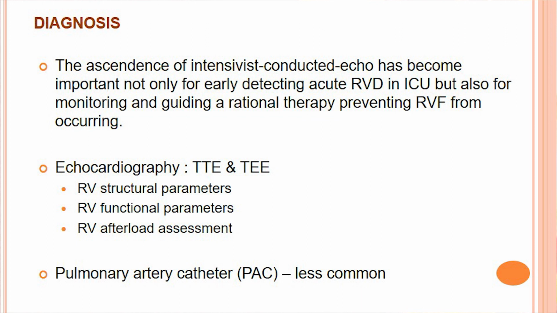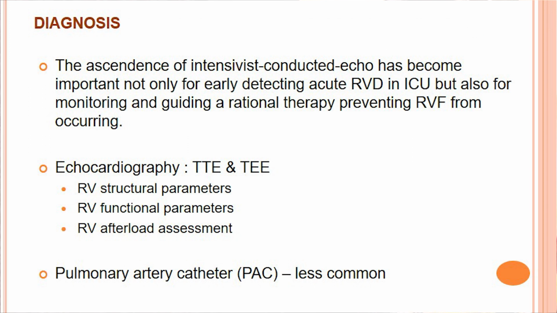So how to diagnose it? To diagnose, what matters is echocardiography. The ascendance of intensivist-conducted echo has become important not only for early detection of RV dysfunction in the ICU but also for monitoring and guiding a rational therapy to prevent RVF from occurring.